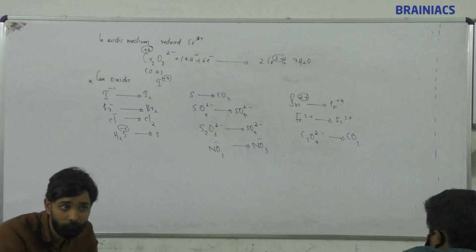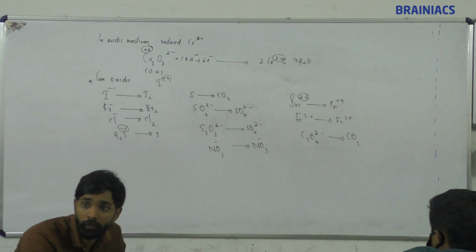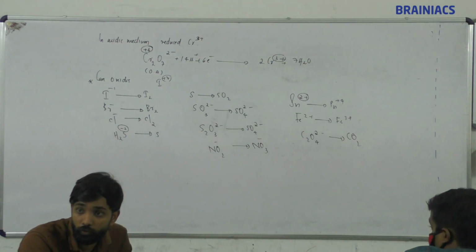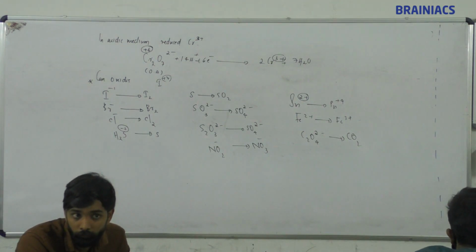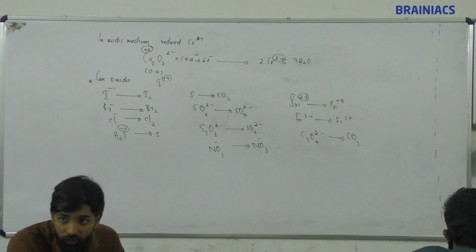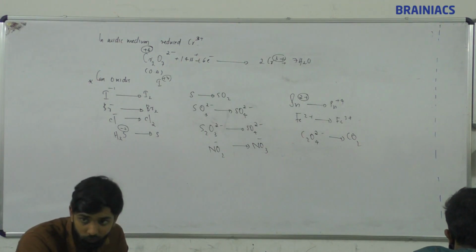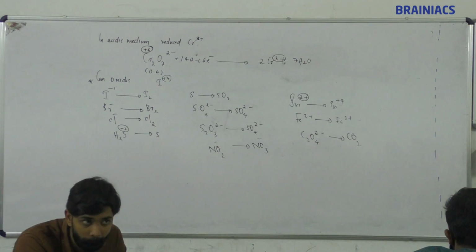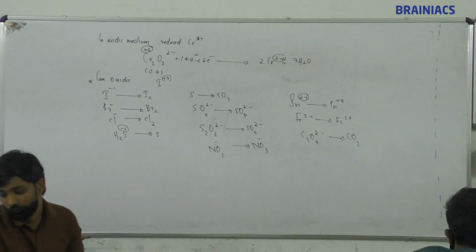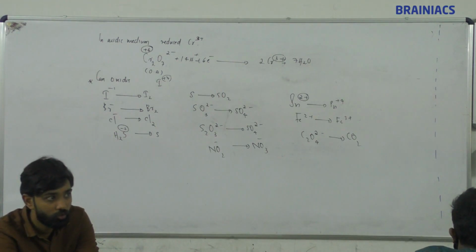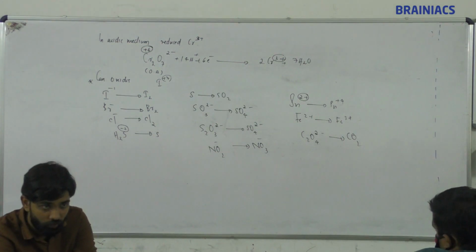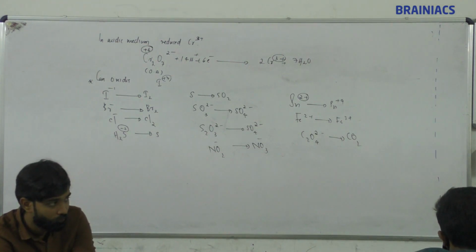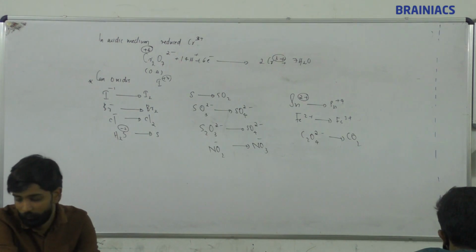You know potash alum, you know the structure of potash alum, K2SO4.Al2(SO4)3.24H2O, where if Al2(SO4)3 is replaced by Cr2(SO4)3, that is said to be chrome alum. So what will be the formula? K2SO4.Cr2(SO4)3.24H2O, chrome alum.